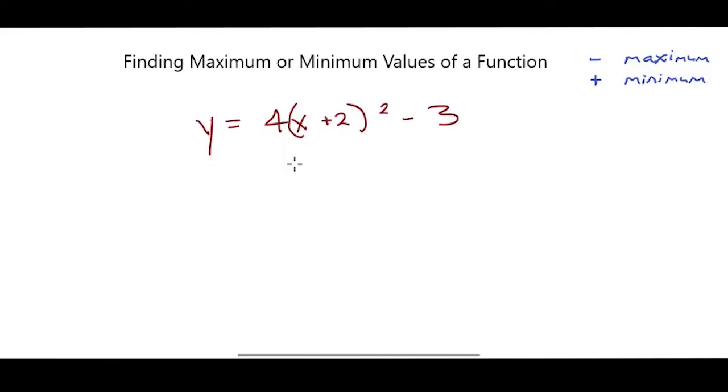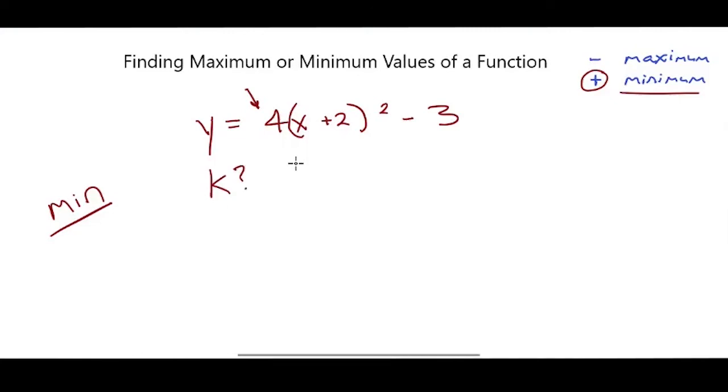So let's say we have a function written in vertex form, and I am looking for a maximum or a minimum. I'll look here and see that my leading coefficient is positive. Therefore, it will have a minimum. So I'm looking for a minimum. And if you'll remember from the last problem, I'm looking for the k.